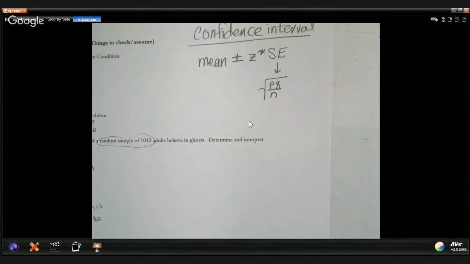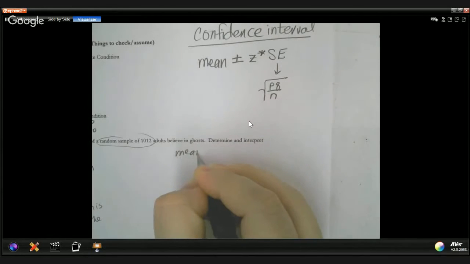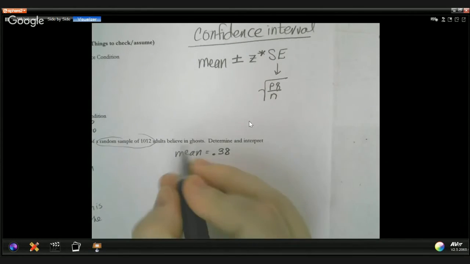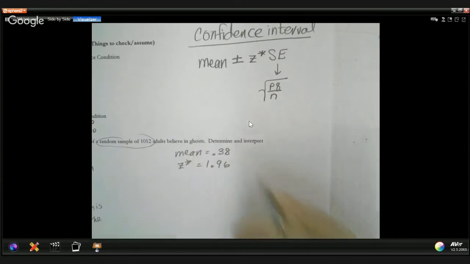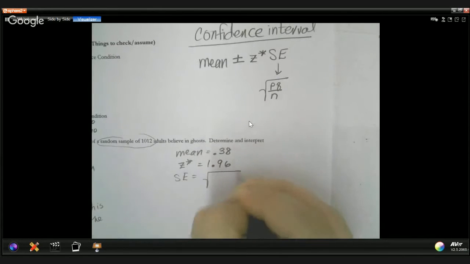Okay, so we need to find and interpret our 95% confidence interval. So I know that my mean is 0.38. I know that my critical Z is 1.96, and I know that because of the 95 percentile at the top, we found that. What I'm not sure about is my standard error, so I need to calculate that.